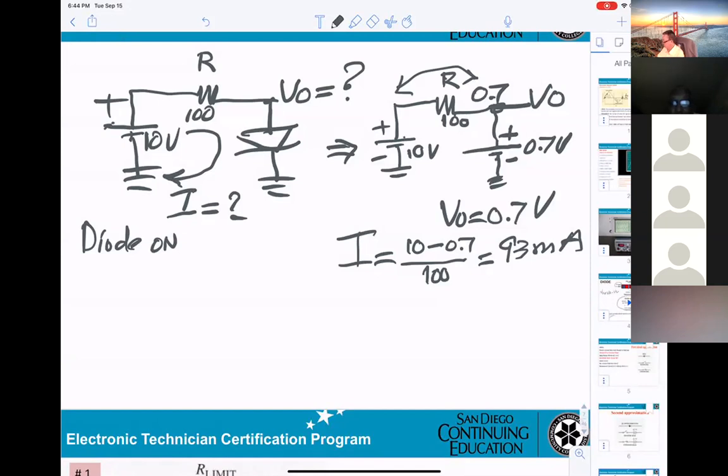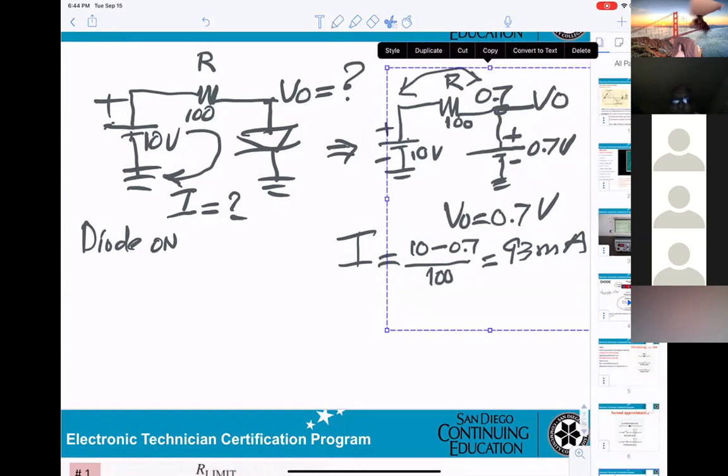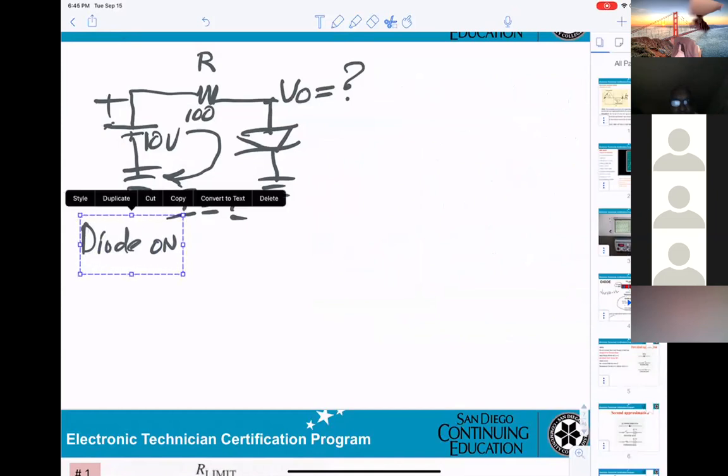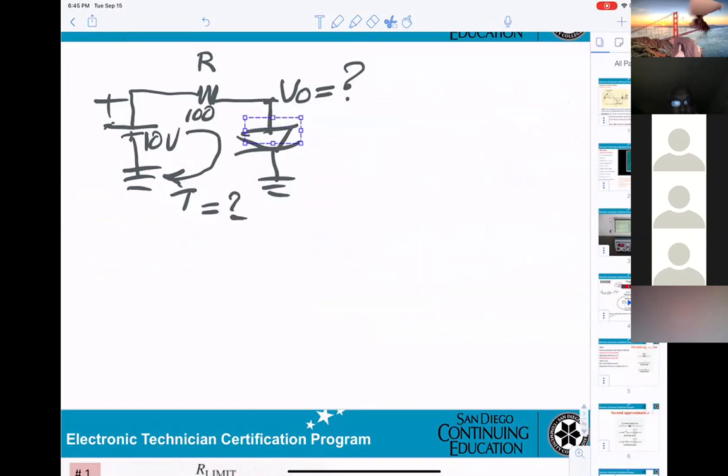Now, I get another one. Okay, I redraw that one here, and go here.